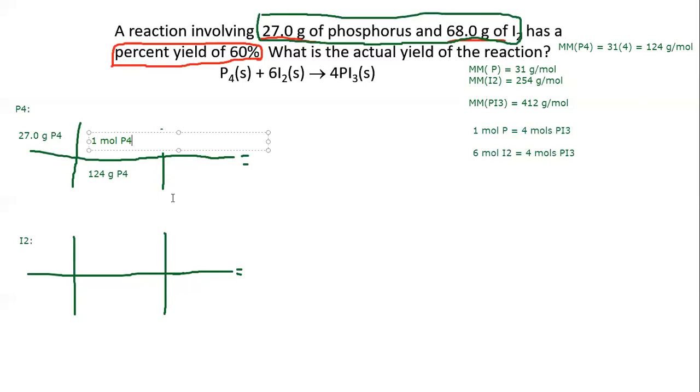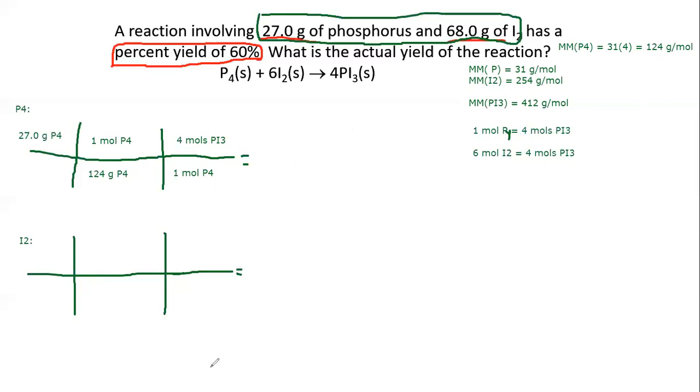Then we convert it to moles of PI3. So 1 mole of P4 gives us 4 moles of PI3. So there should be a 4 right there.